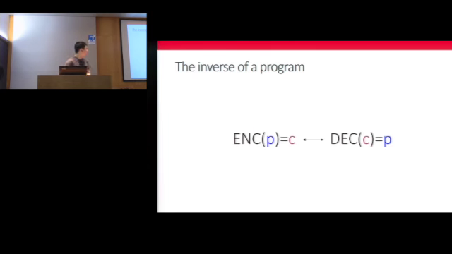It means that if we run the decoder on the output of the encoder, we will get back what we started with, and similarly, the same happens when we run the encoder on the output of the decoder. Now, someone may ask why we need both directions.